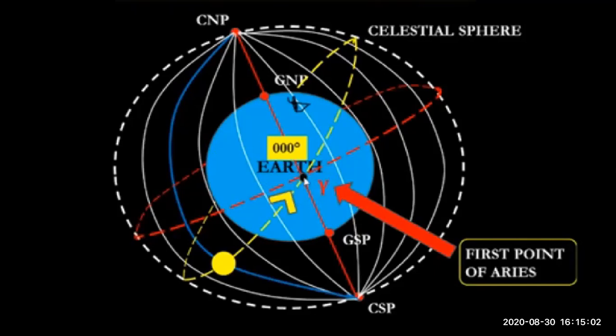And at this point, the sun's declination is 0 degrees because it's on the equinoctial. So this first point of Aries is on the Greenwich meridian, that is 000 degrees, so longitude is also 0 and latitude is also 0, that is celestial meridian and equinoctial both are 0 declination.